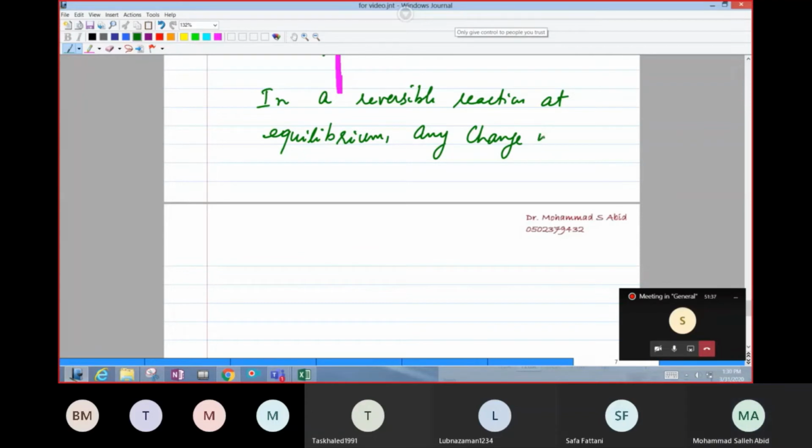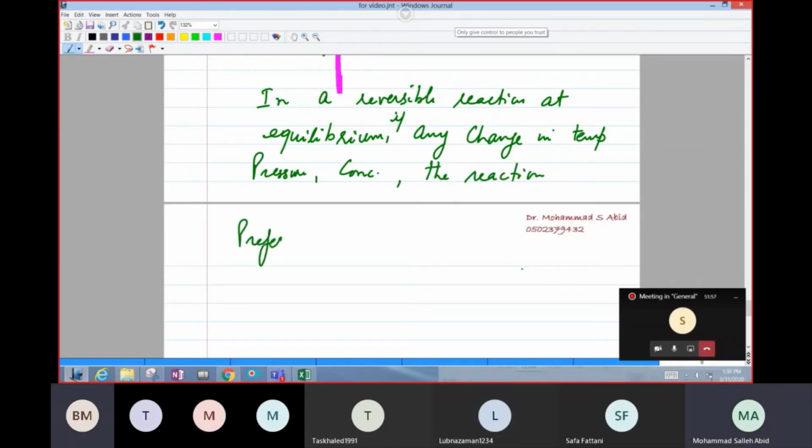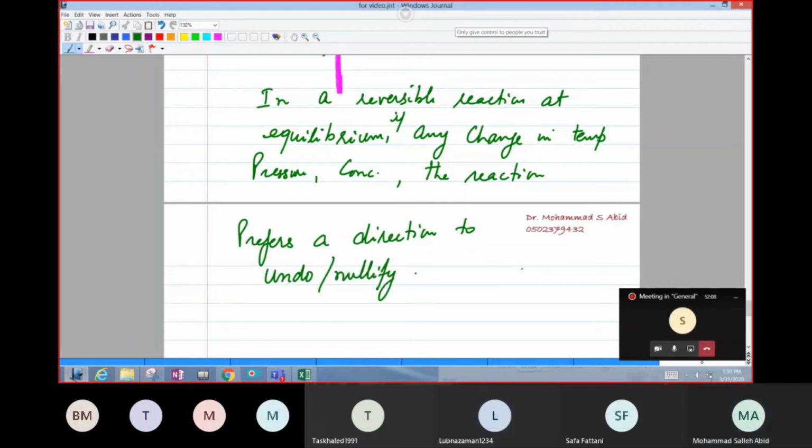Any change in temperature, pressure, or concentration, what happens is the reaction prefers a direction to undo or nullify the effect of the change.